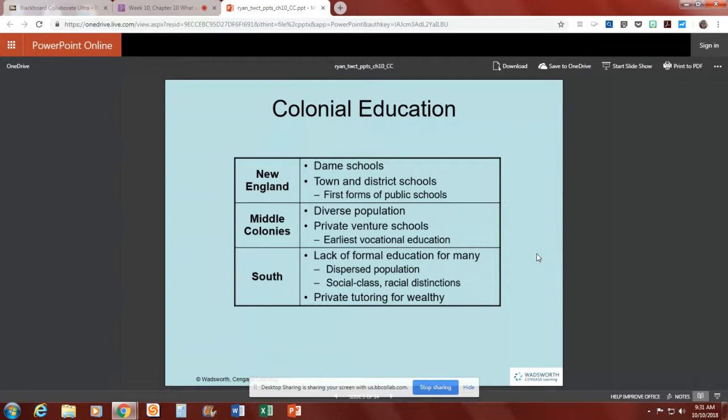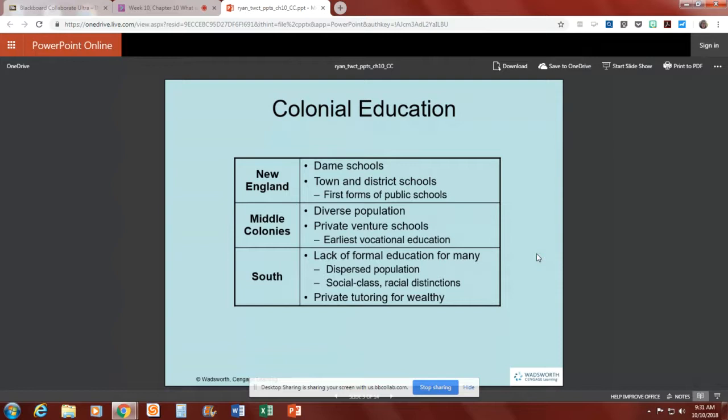With everyone being so spread out, there wasn't the reality of having dame schools where we could group together and learn. A lot of times in the South, it was, we're going to learn in our home. And so there wasn't nearly as much formal education for as many people in the South as there was in New England and in the Middle Colonies.